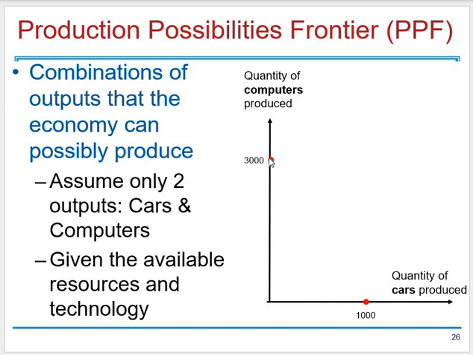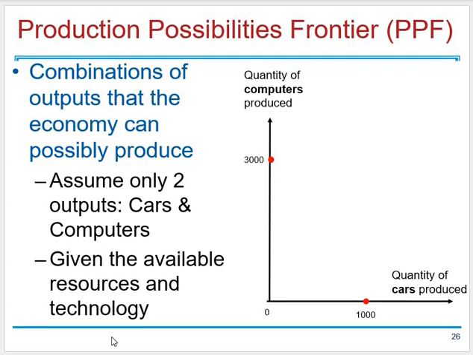This intercept represents 0 cars. And similarly, if we put all the resources in car production, we can make 1,000 cars. This is just a given number for the purpose of demonstration. So if we put all the resources in cars, we get 1,000 cars and 0 computers. That's what this intercept along the car axis means.